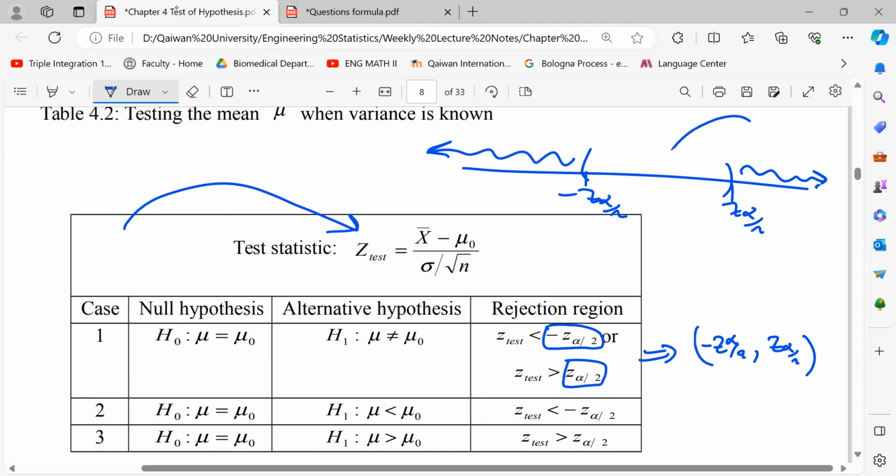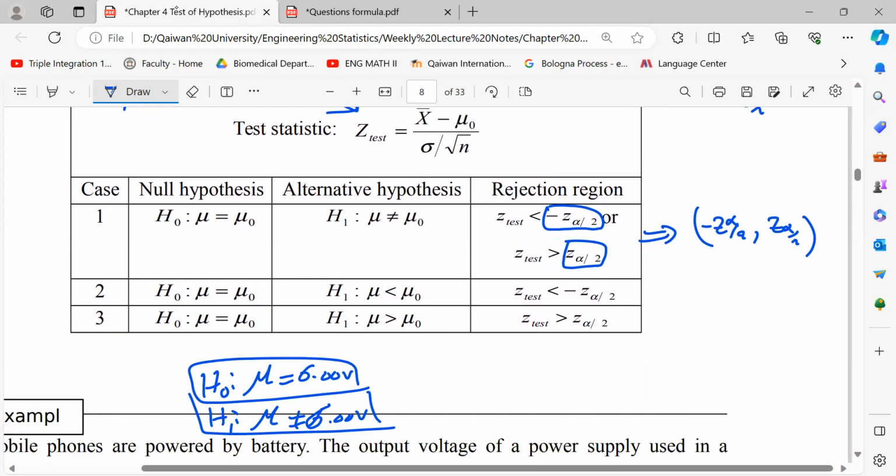What if it is in the interval? We are unable to reject H0. And in this case, if it's less than, we reject H0. If it's greater, we don't. In this case, if it's greater, we reject H0. But if it's less, we don't.